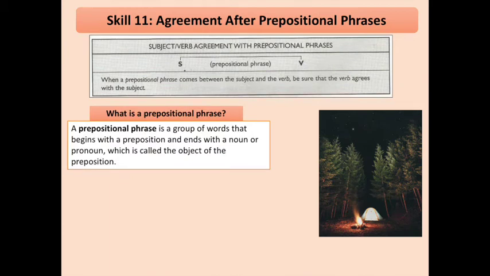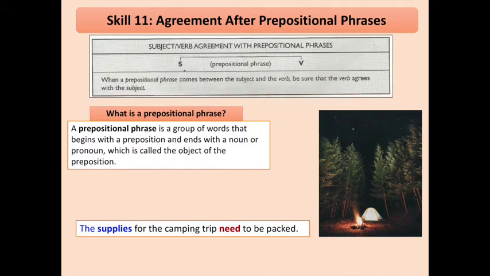Remember, a prepositional phrase is a group of words that begins with a preposition and ends with a noun or pronoun. The noun at the end is the object of the preposition. And we know from skill 2 that the object of the preposition cannot be the subject of the sentence.